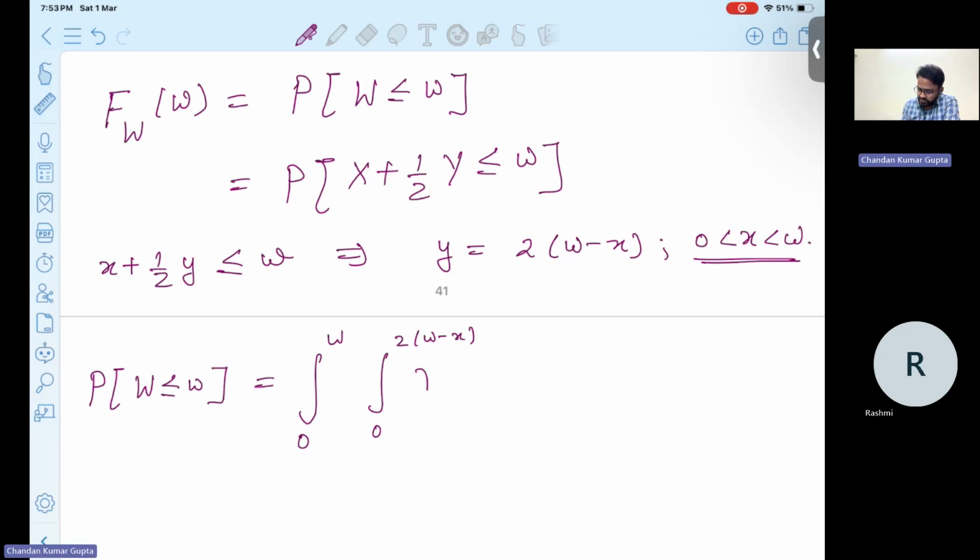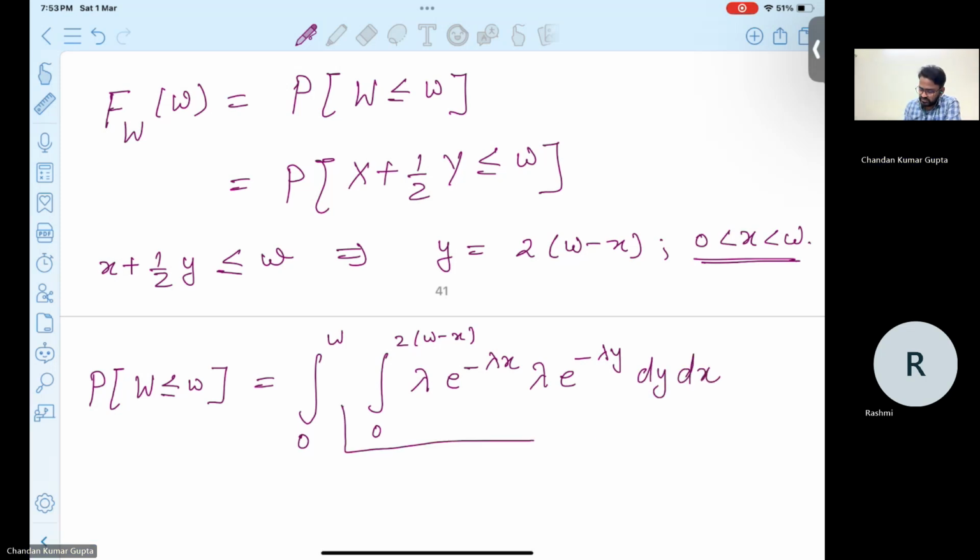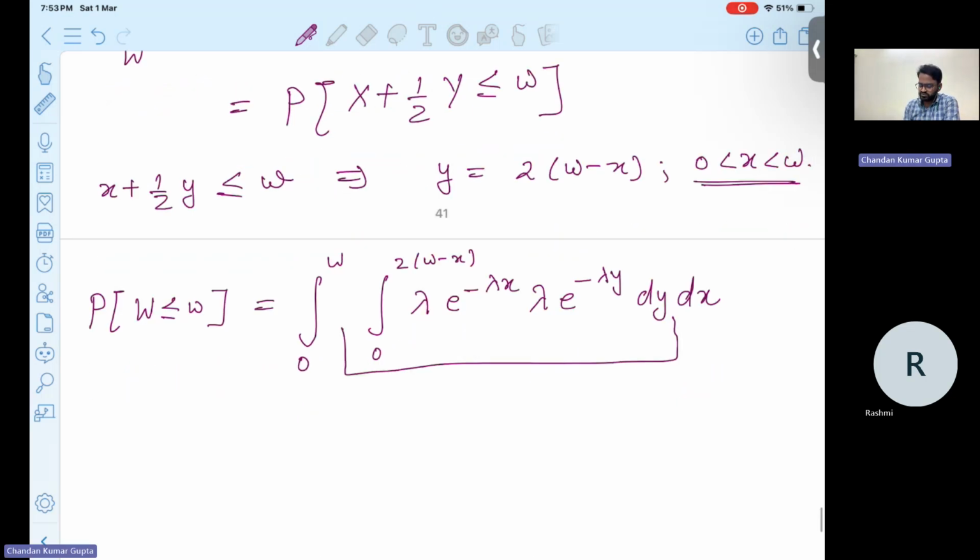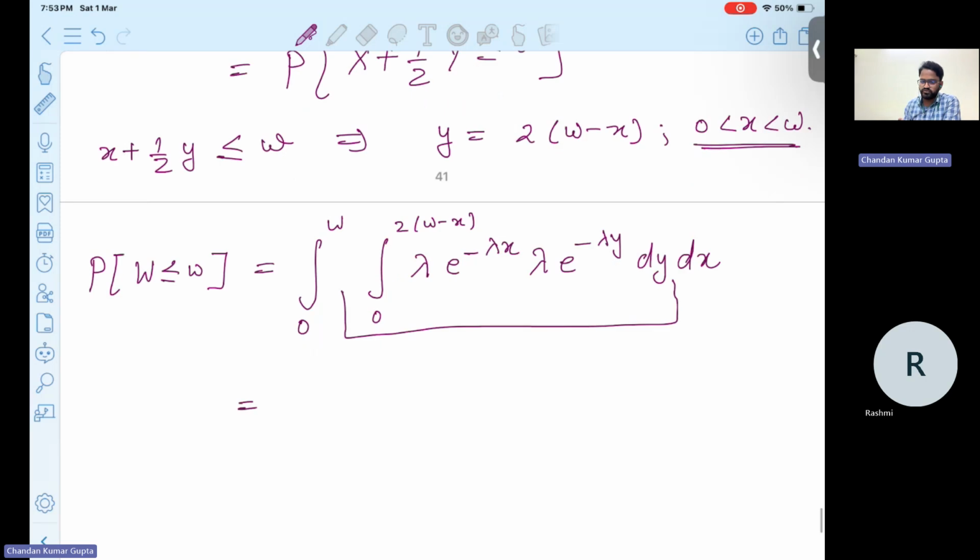So the PDF lambda e to the power minus lambda x, lambda e to the power minus lambda y, dy dx, because I have considered the range of y first. This can also be written like this. It is just a simple calculation; we need to simplify step by step to find the PDF, or the distribution, of W.